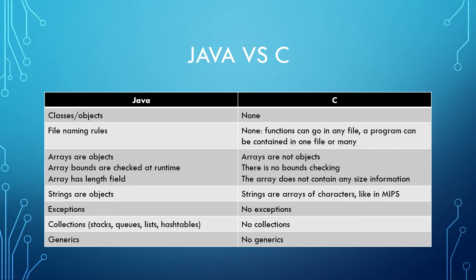One is in the intent of the language, and one is in the features of the language. So in the intent of the language, C was developed to replace a lot of assembler coding, and it has done that very successfully.